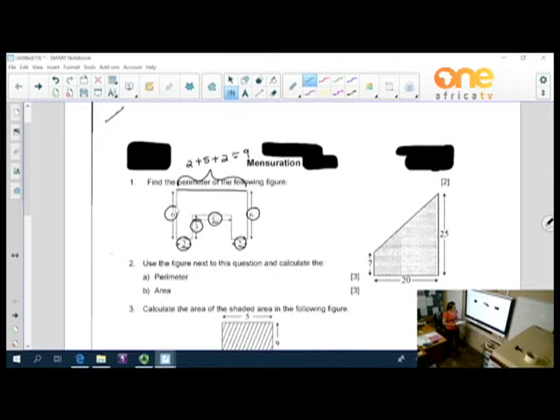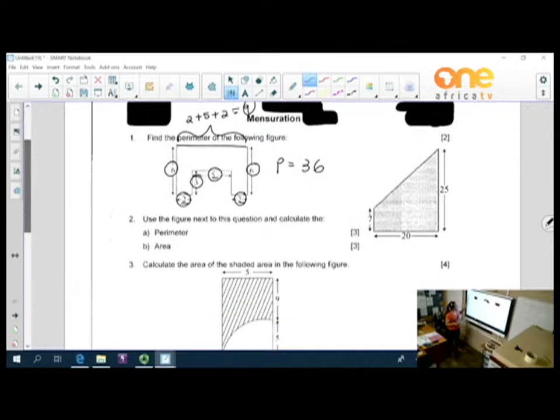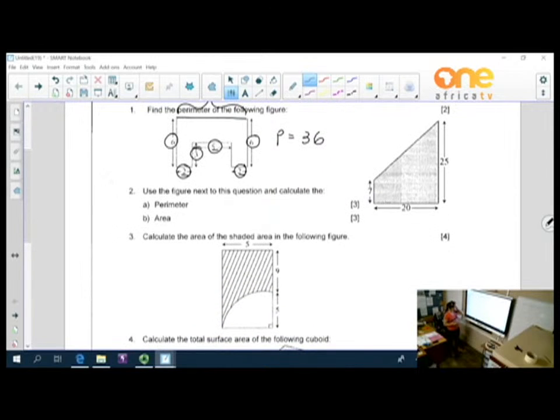So to calculate the perimeter, add all these together with the 9, and the perimeter of this figure is 36. They do not give us centimeters or whether this is in millimeters, so 36 is sufficient.